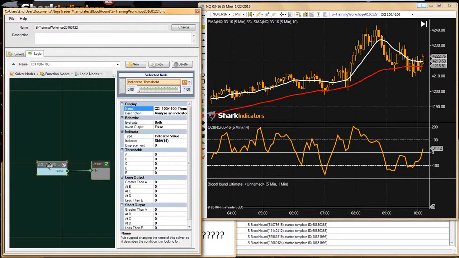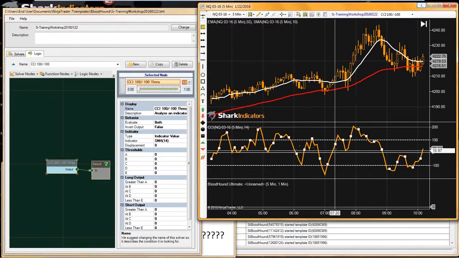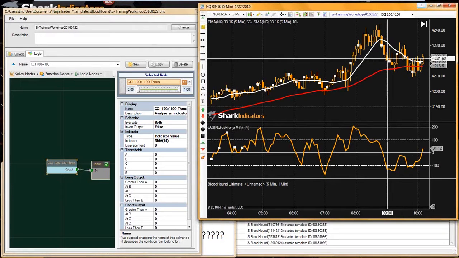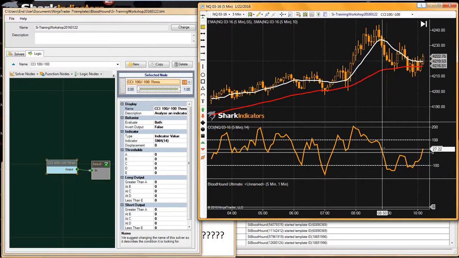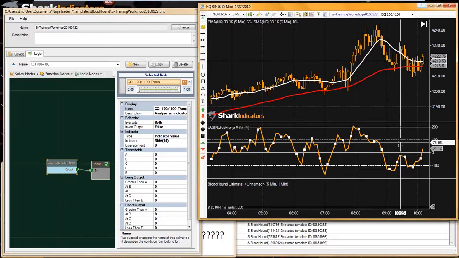An indicator like the CCI has its own scaling, totally separate from the instrument scaling. So when you're using the 100 level and the negative 100 level, you can call those thresholds.